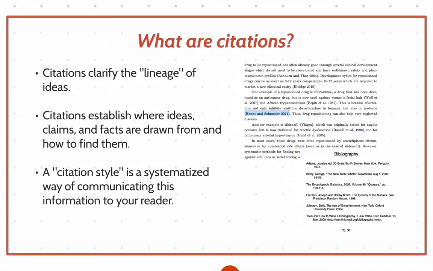Those acronyms actually stand for professional organizations that have developed these systematic ways of citing sources. MLA is the Modern Language Association, APA is the American Psychological Association, and my professional organization, the American Political Science Association, has its own formatting style, APSA. Chicago style is also another citation style.